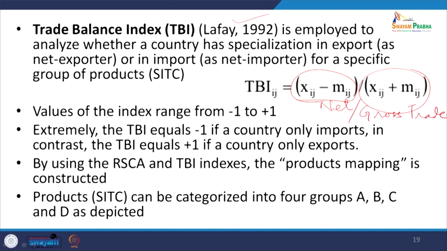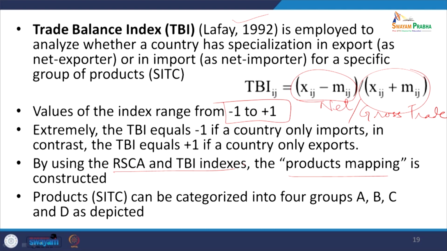So, we can find out net importer or net exporter. If you check very carefully, you can easily understand it takes the value again from -1 to 1. So, now both of the indices, if taken together, product mapping is possible, because their ranges are also from -1 to 1.